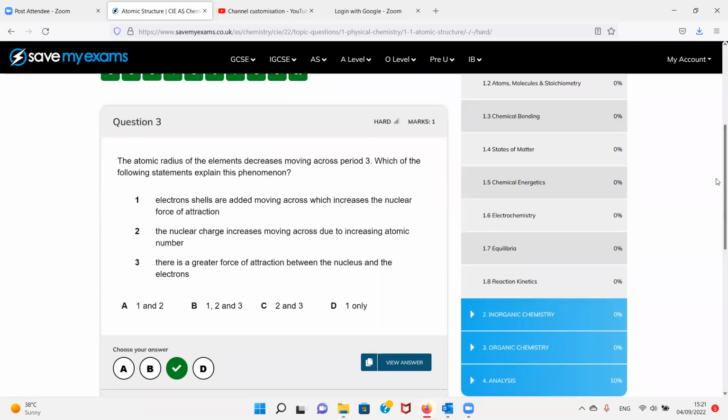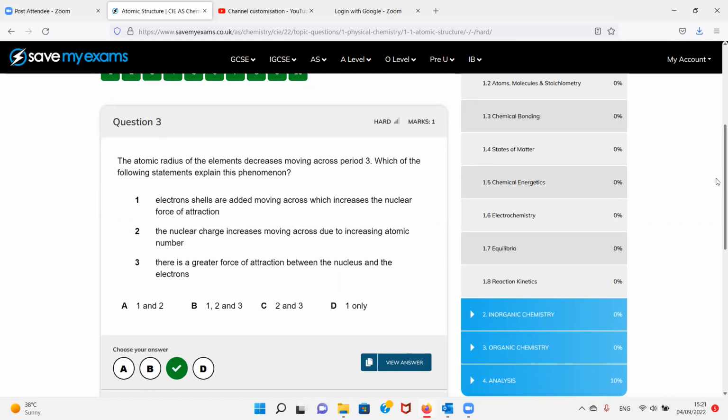The atomic radius of elements decreases moving across period 3. Which of the following statements explains this phenomenon? Electron shells are added moving across the group, which increases the nuclear charge.